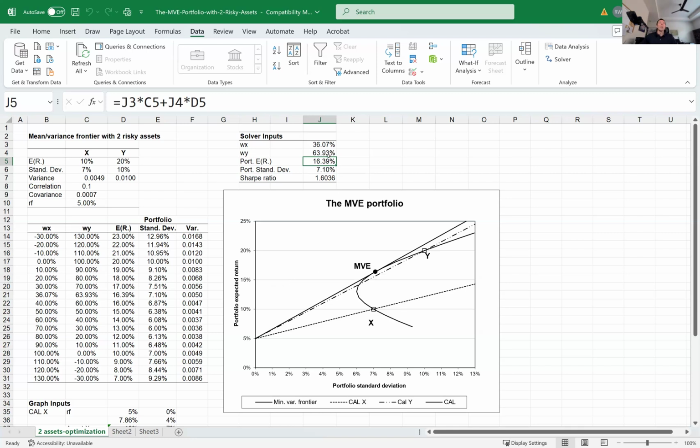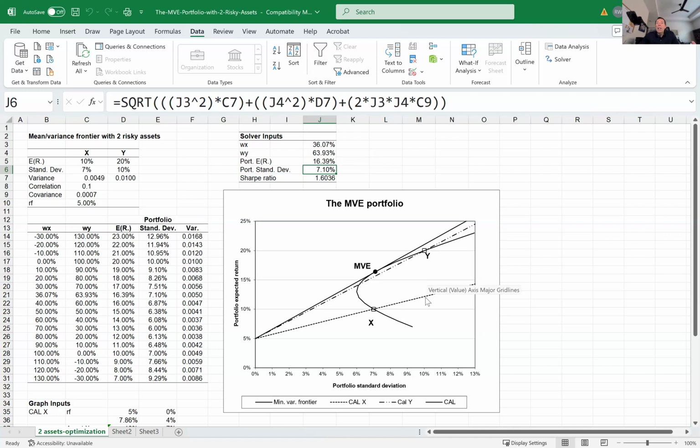The standard deviation of the portfolio is going to be 7.10%. You can see that right down there. And then this solid line right here, which is our capital allocation line, which goes through the MVE, is just tangent to the hyperbola.